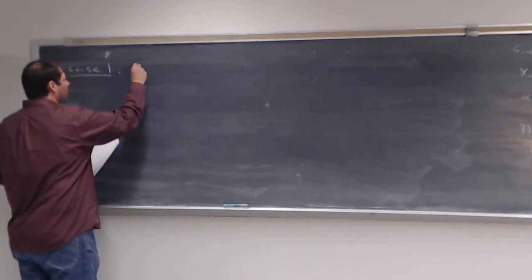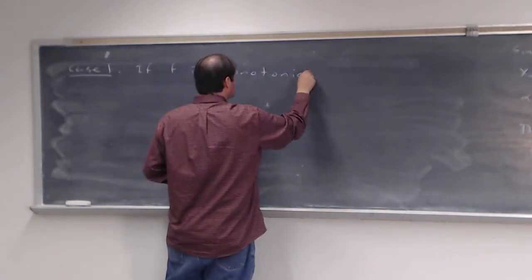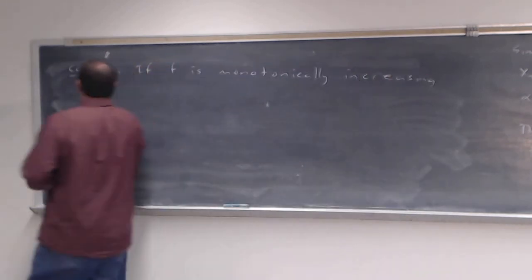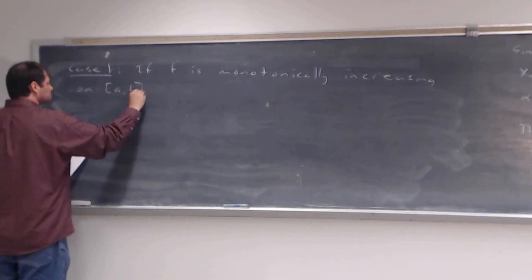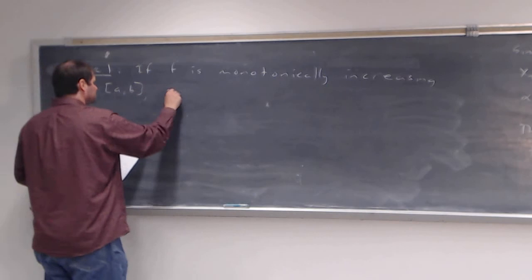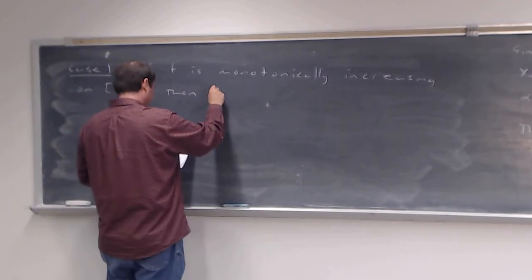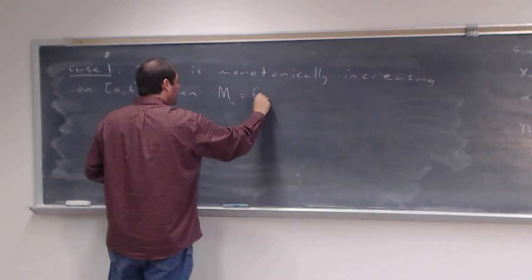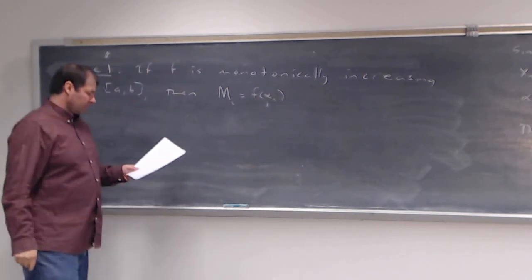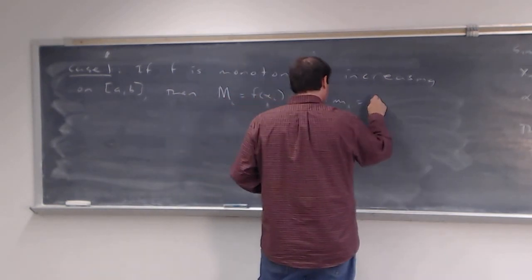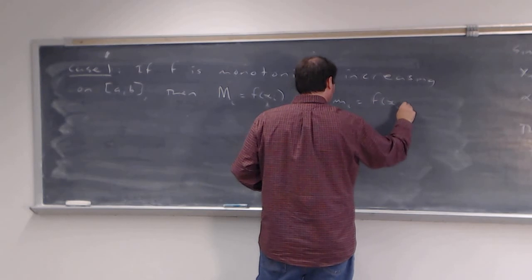And so the two cases are if F is monotonically increasing on A to B, then what we have from our previous definitions is that the big M sub I will be equal to alpha of x sub I for our partition, and the little m sub I, the infimum, is going to be equal to alpha evaluated at x sub I minus 1.